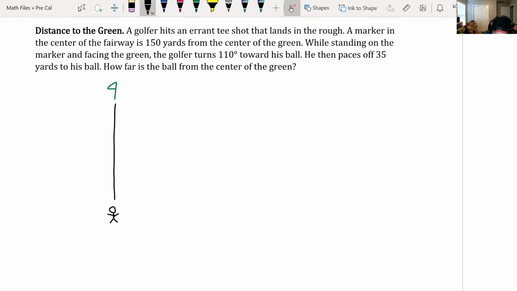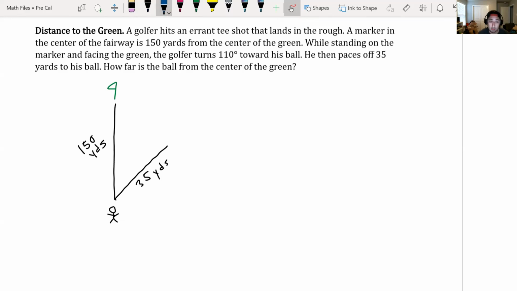So this means that he turns 110 degrees and walks 35 yards to his ball. So this would be the 35 yards. This would be 150 yards.